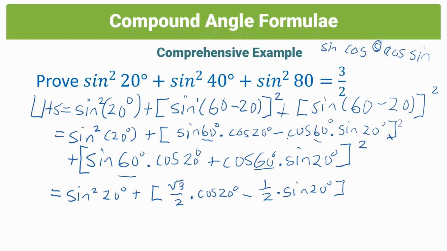Okay, that's going to be plus, open our next square bracket, sine 60 again, root 3 over 2 times cos 20 degrees, and that's plus cos 60 again, that would be half multiplied by sine 20 degrees, and this is all squared.